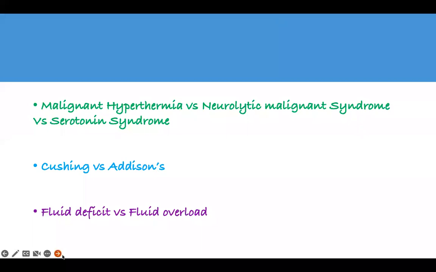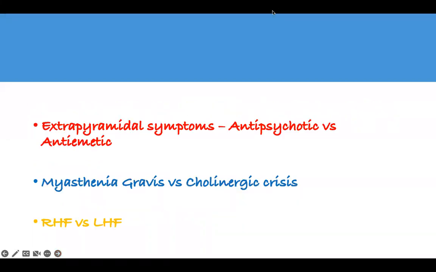Let's see a few last ones. I put this one there because I know it's very important. Sometimes it's the same thing. What is extrapyramidal symptoms? They like asking that. Well, extrapyramidal symptoms can happen in two places. People who are on antipsychotic or people who are taking nausea medication, antiemetic.